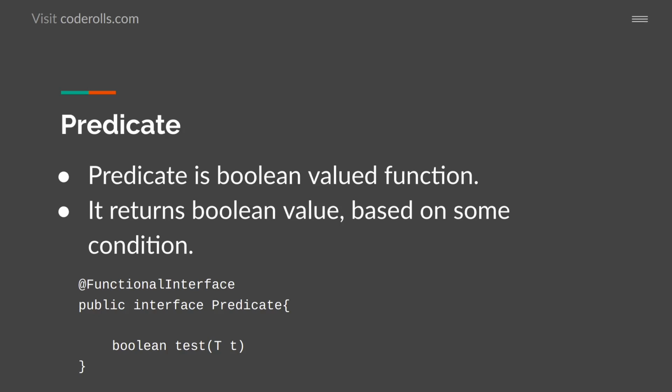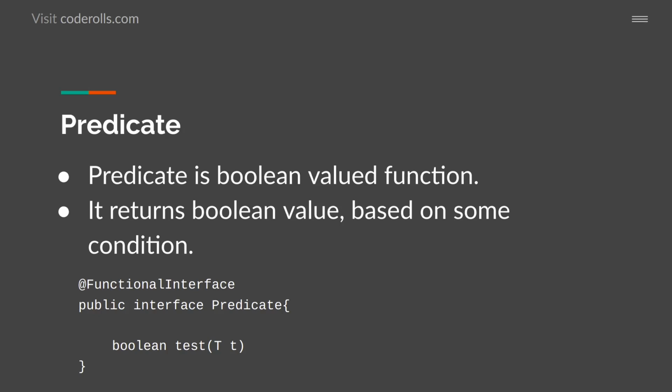Let's say I want to check whether the age of a student is greater than 20. I will provide the student object to the predicate. It will check whether the student age is greater than 20 or not. If it is greater than 20, it will return true, otherwise it will return false.